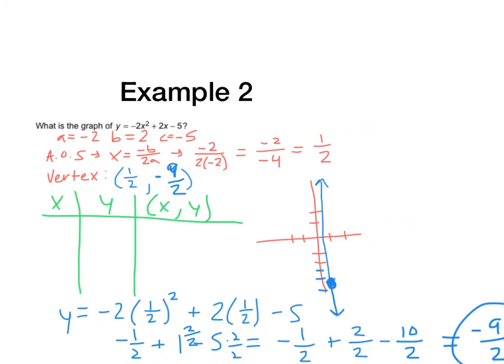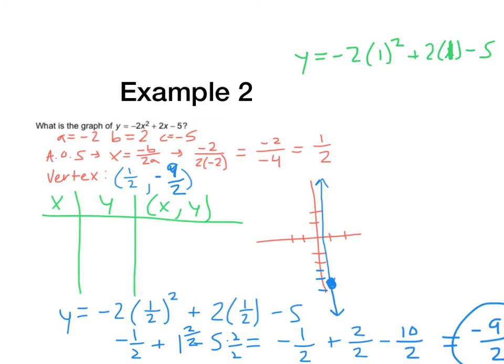So I'm going to do it at the top over here. We have y is equal to -2 times 1 squared plus 2x minus 5. So what's 1 squared? 1.